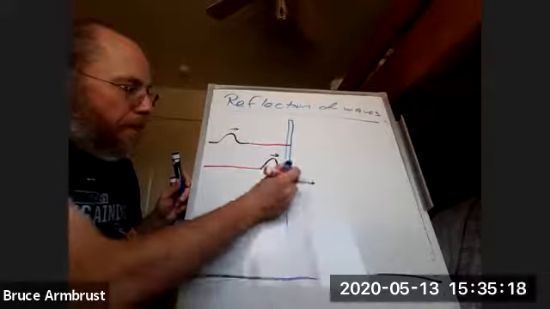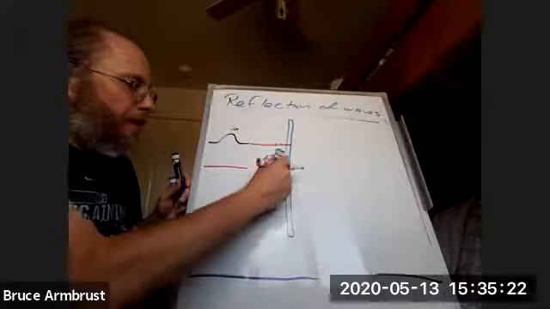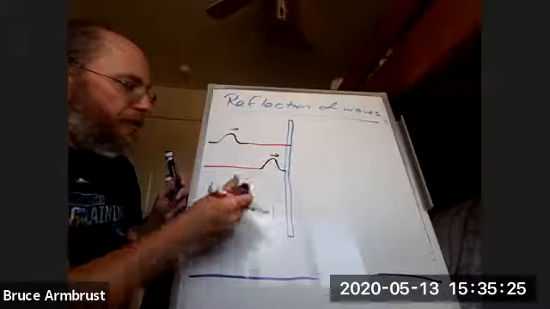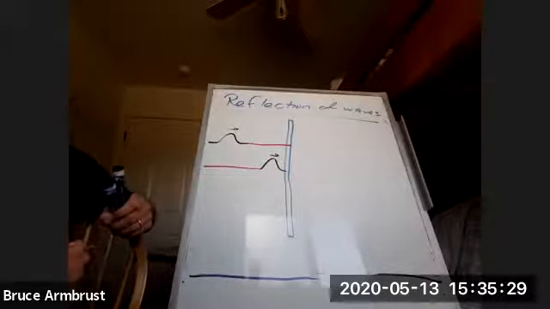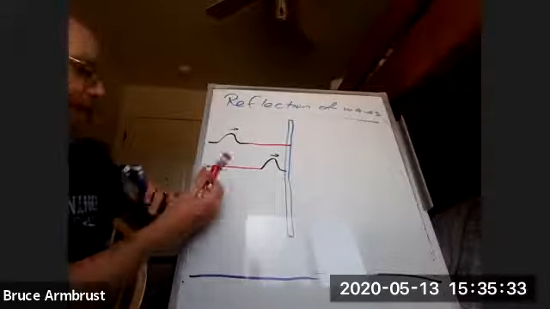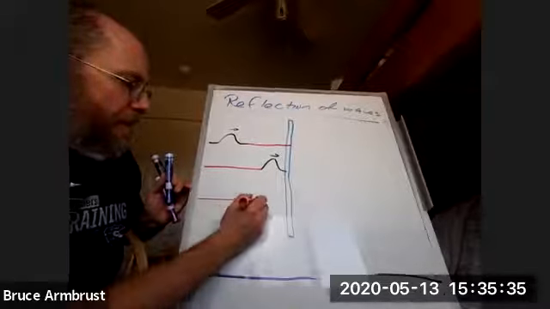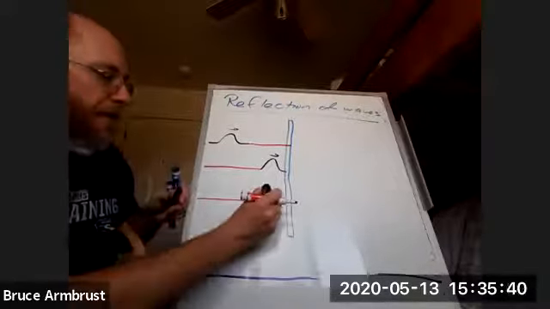Well, you can actually observe this. If we were in class, I would try to show you a demonstration, but I'm not even going to attempt to do it in here. But what you see is after reflection, it turns out that that pulse is upside down.